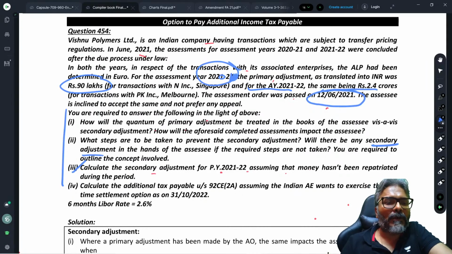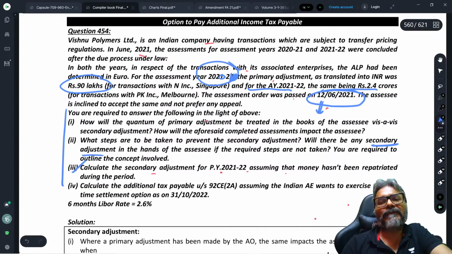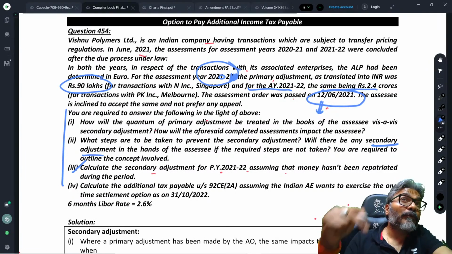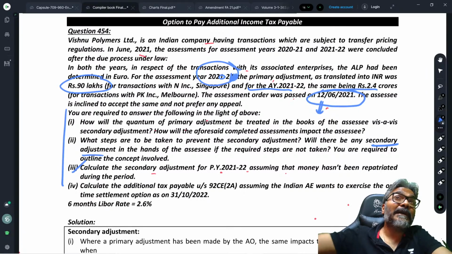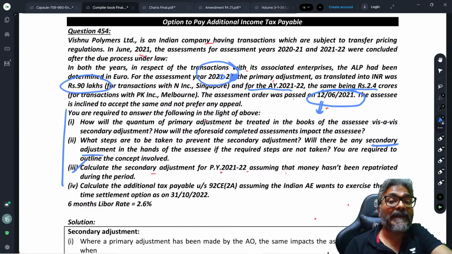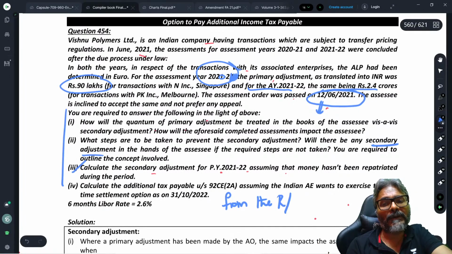Now the question for all of you is this: whether this 12th of June would also be considered while calculating the number of days for which the interest has to be computed. See, they have used the words from the relevant date.